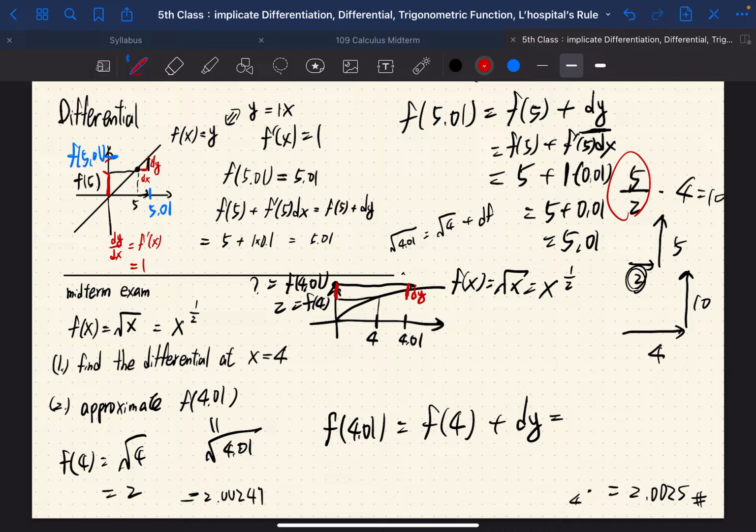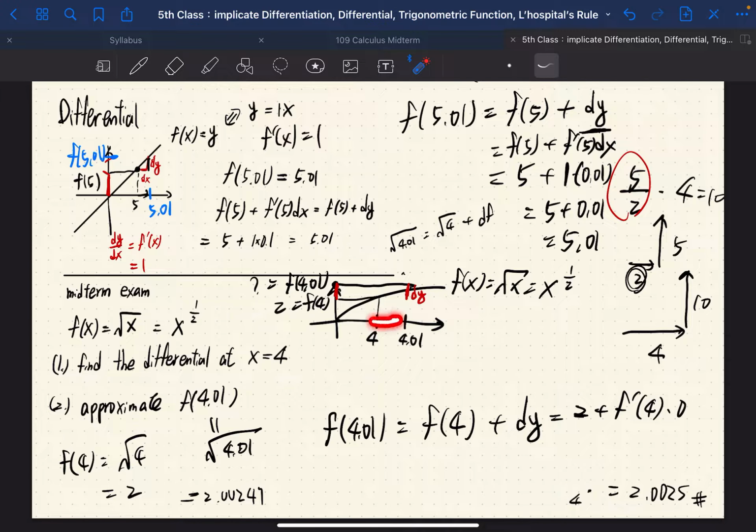And just like what I said before, we take the derivative at this point, and then we multiply by this dx, this distance, so we can get dy. So f of 4 is 2, dy is the derivative at 4 multiplied by the distance.